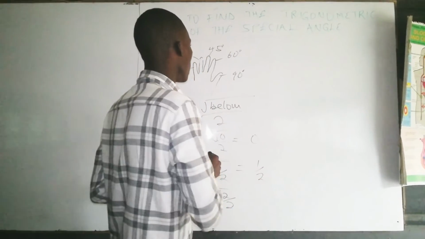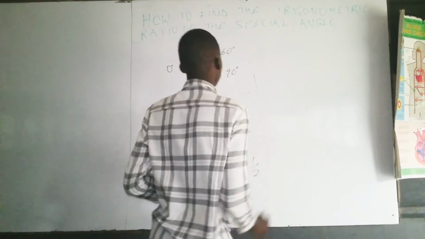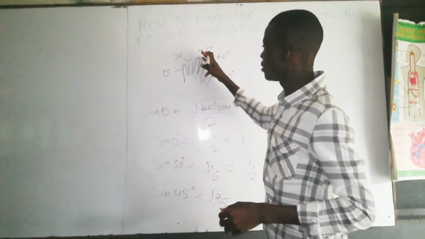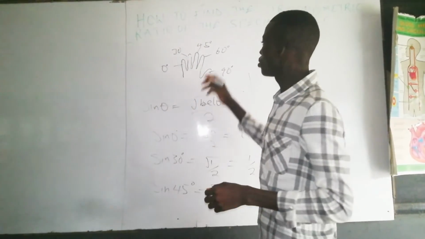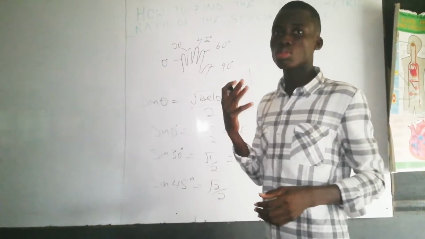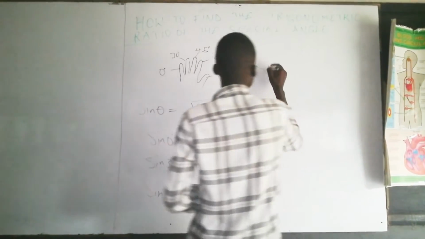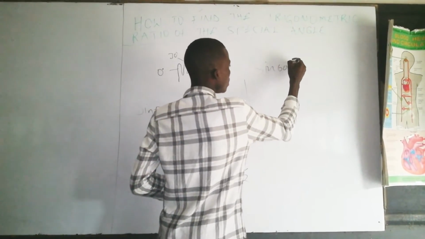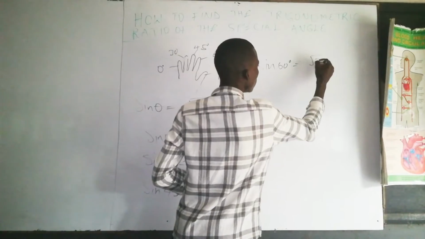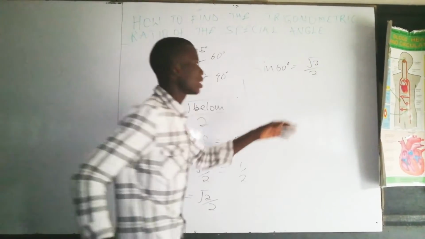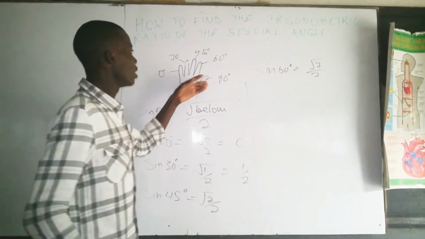Now let's go to sine 60. As you can see, there are 3 fingers below, so we say root 3 over 2. So our sine 60 is root 3 over 2.